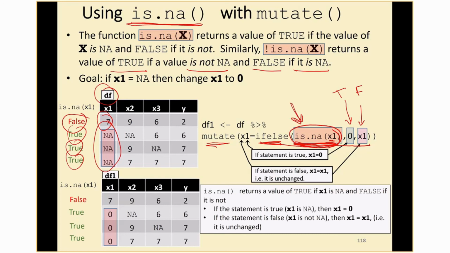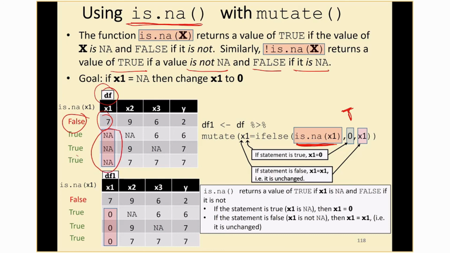Now, let's think about what happens after that. If this function is evaluated and it's found to be true, in other words, we're thinking about these three cases right here, where the is.na function returns a value of true, then what is x1 going to be equal to? x1 is going to be equal to 0.